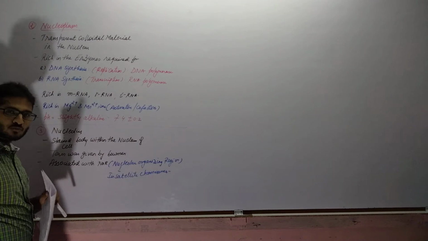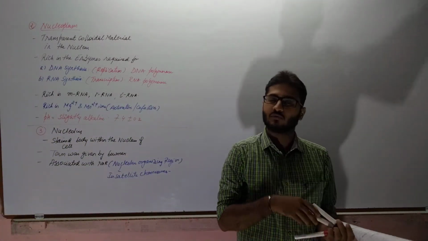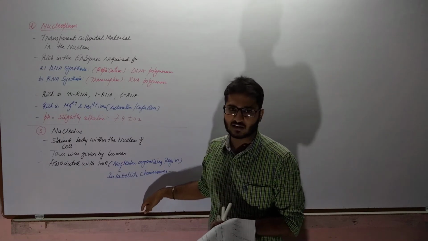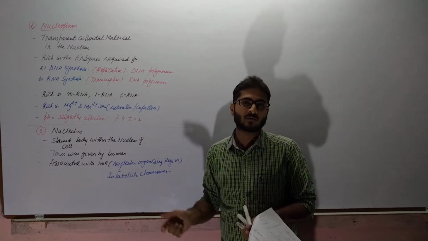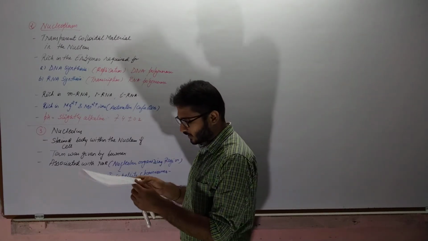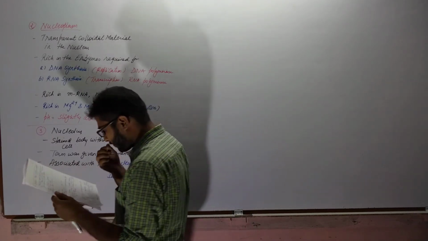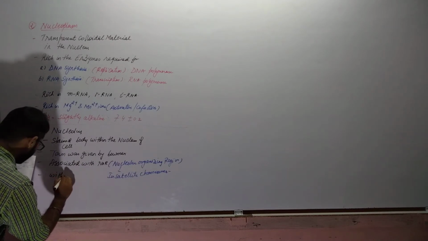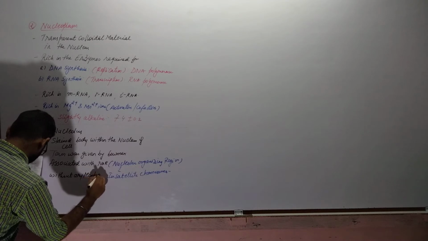Basically, satellite chromosomes or DNA are the repetitive sequences which are different in all the individuals on this earth, and such sequences are called VNTR and STRs. That we will be discussing in 12th, not now. That is variable number tandem repeats, short tandem repeats. This nucleolus is without any membrane.